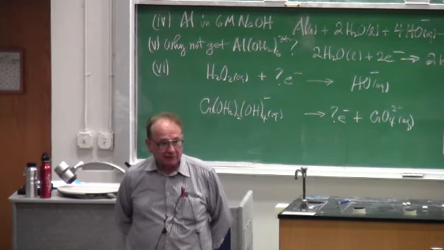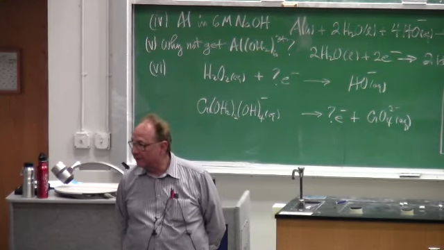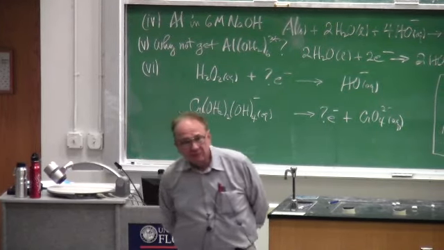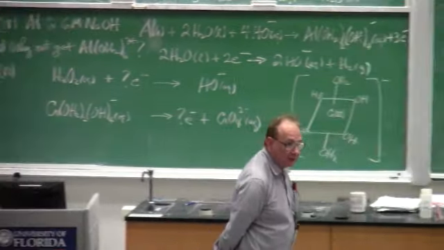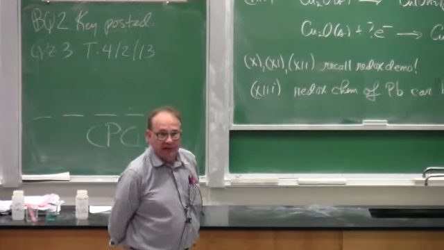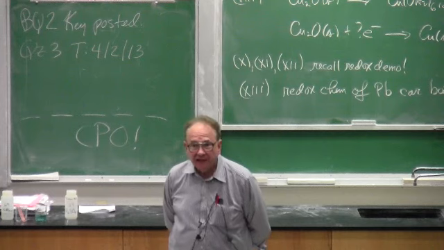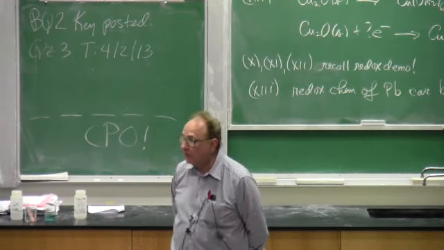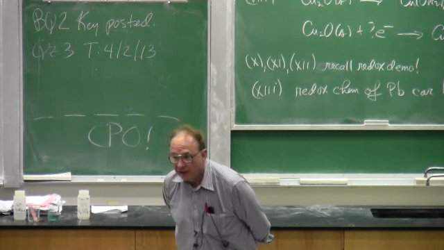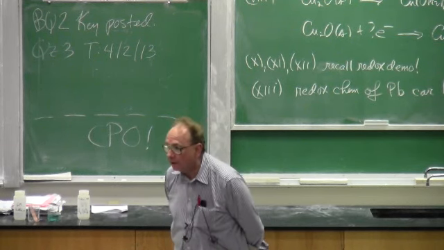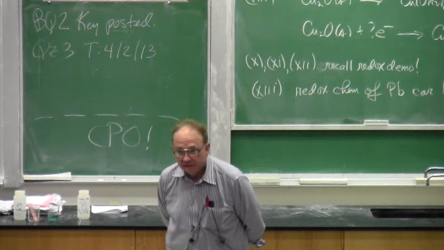Hydronium ion concentration. 10 to the minus 7 versus 1 molar. So I'm concluding from this that my stronger hydrogen-containing acid is going to be my best oxidizer if hydrogen is a reduction product. Well, what's the better acid, water or hydroxide ion? Enough said.